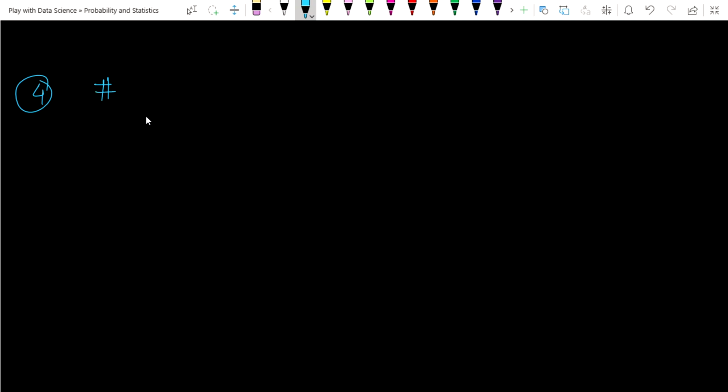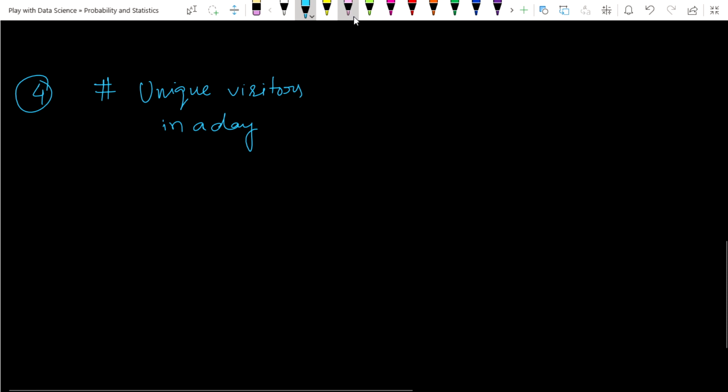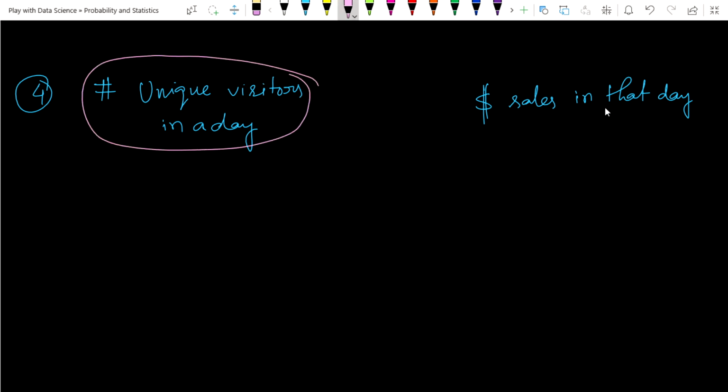I am talking about a website, an e-commerce website, let's take Amazon. On the Amazon website, they want to find whether the number of unique visitors in a day is correlated to the number of sales on that day. Whether these things are related or not, they want to find the answer.